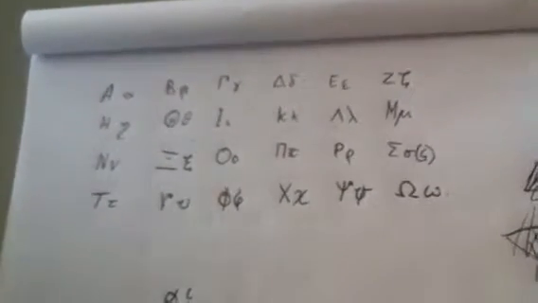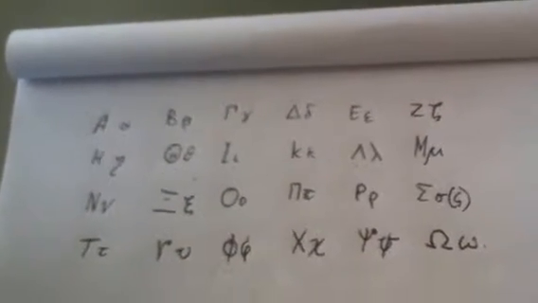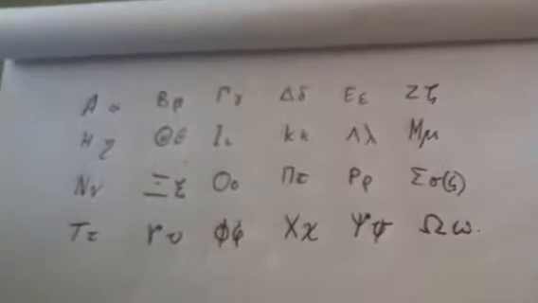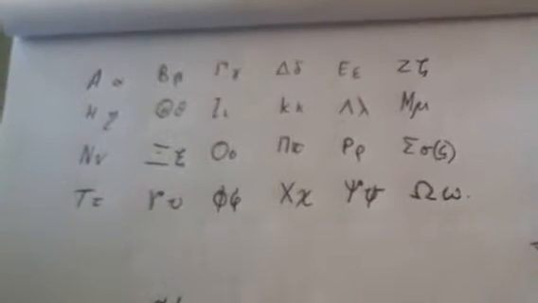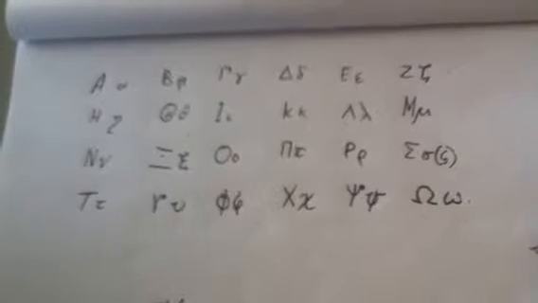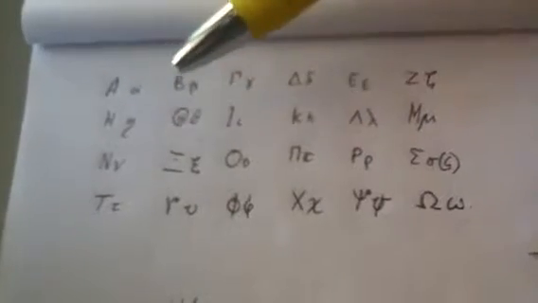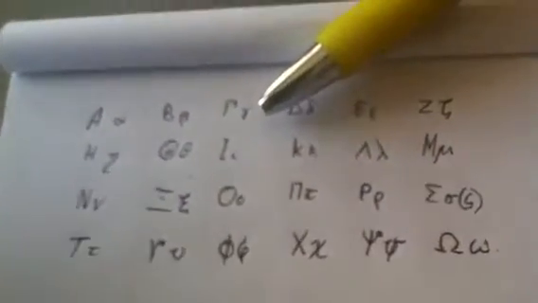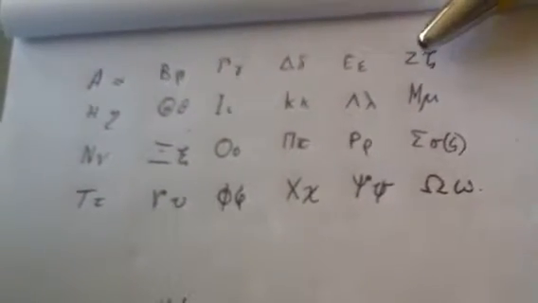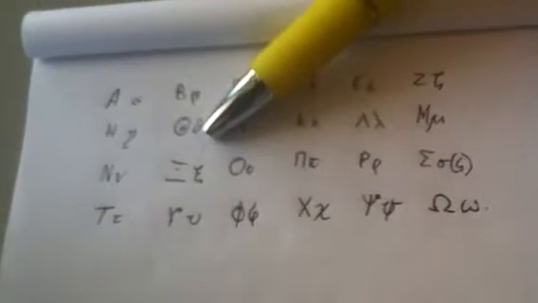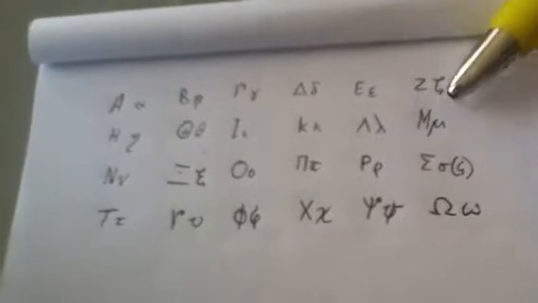So now, try your hand at the first 12 letters. Did you get it? It is alpha, beta, gamma, delta, epsilon, zeta, eta, theta, iota, kappa, lambda, mu.